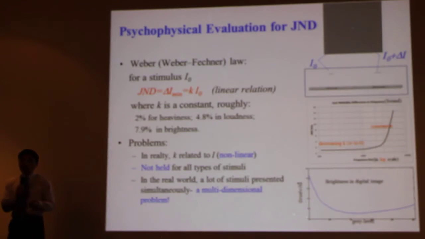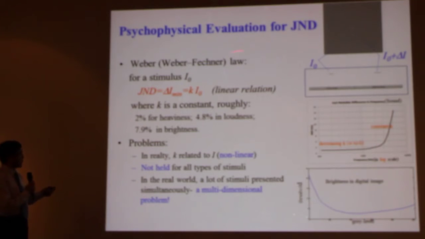Okay, then what do we have? When we're talking about JND, a lot of people immediately point out Weber's law. This is probably the best known theory in this field. Weber's law states that if we have a stimulus I0, we can always find the minimum delta I, which is the changing part, which is proportional to I0.